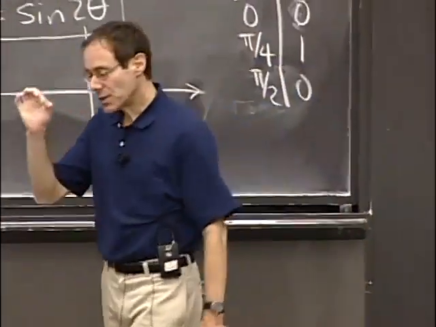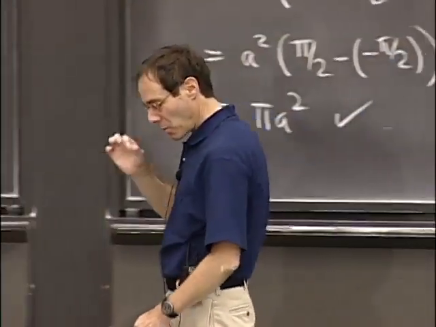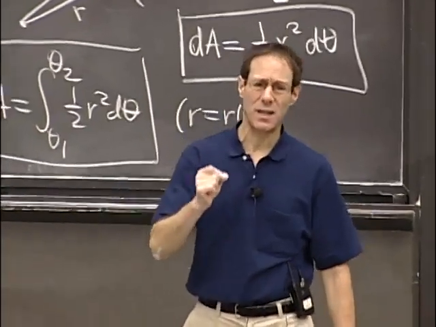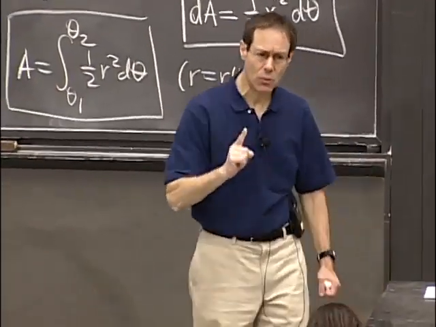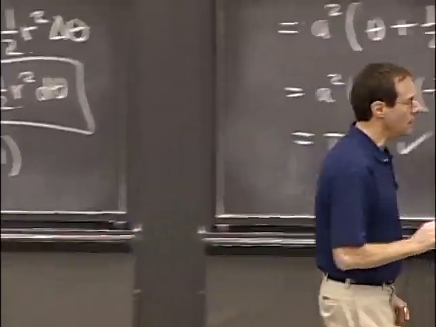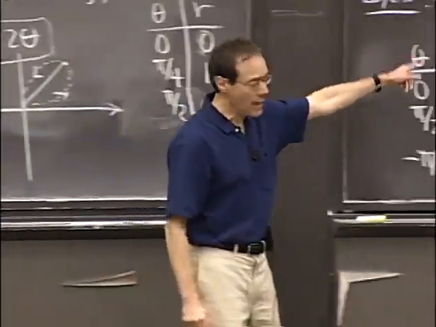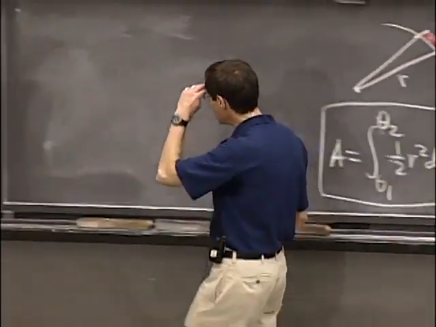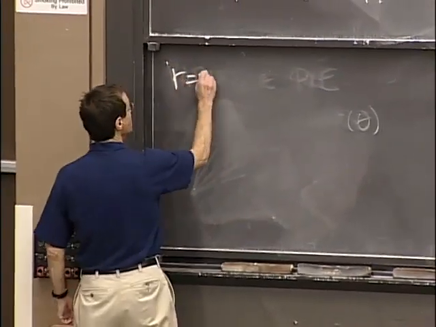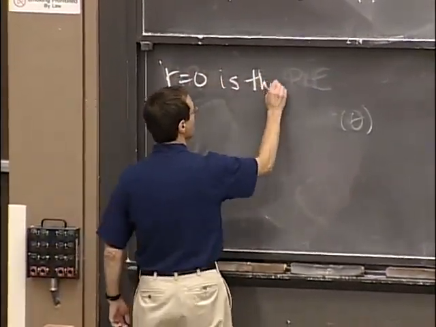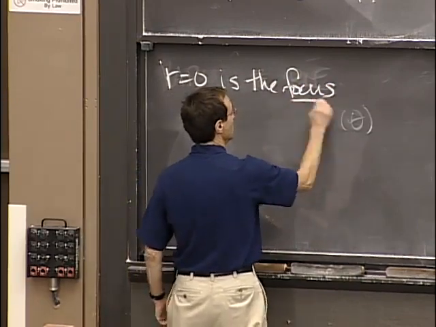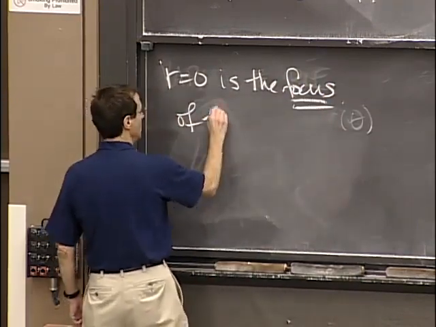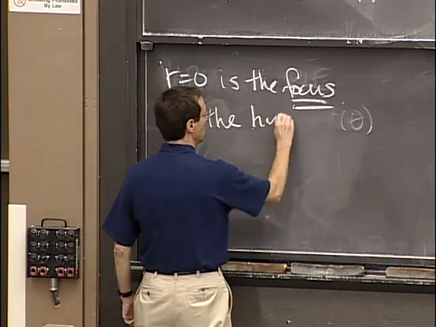But there's actually something much more important physically that's special about this particular representation of the hyperbola, and what happens when you get the ellipses as well, which is that in this case, r equals 0 is the focus of the hyperbola.